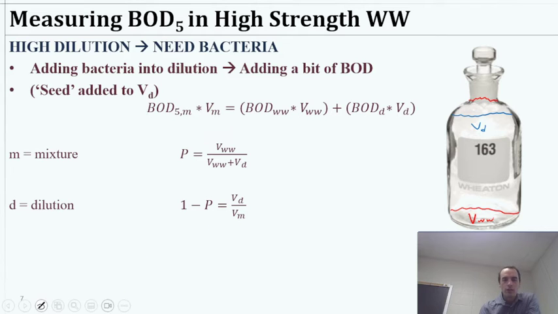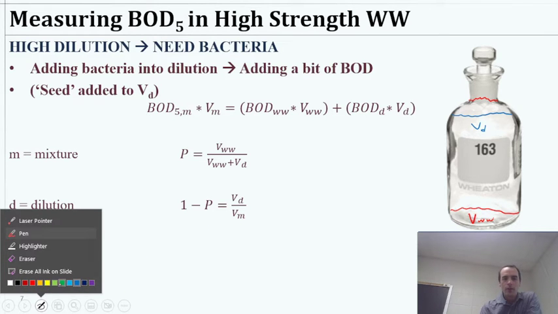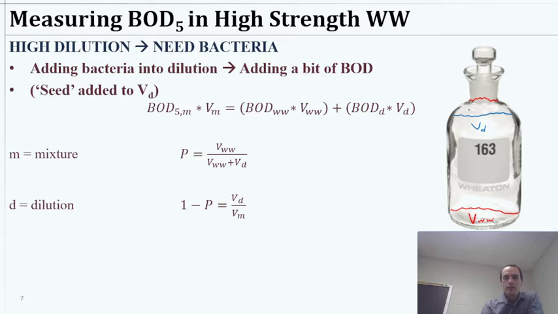Then essentially what we're going to add in addition to that would be this seed. And essentially we're going to consider it just as part of the dilution water. So really, I guess we would fill that up and say this is all volume of dilution. But I'm just writing it that way to show you we're seeding it. And so this all comes together in that manner.